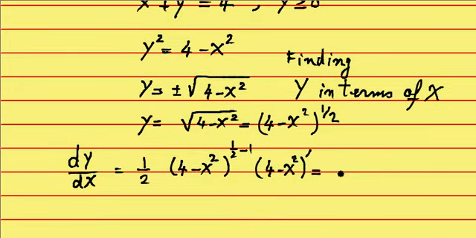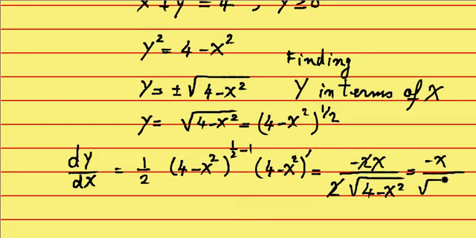So, for example, the derivative of the base here is minus 2x. This factor of 2, I might put it here. And this is a factor of minus 1/2, which makes a radical in the denominator, 4 minus x squared. And then I could cancel the 2's, and then I'll be done. This is minus x over radical 4 minus x squared.